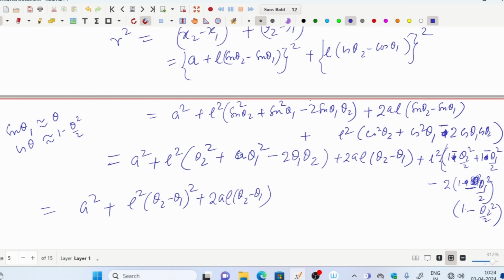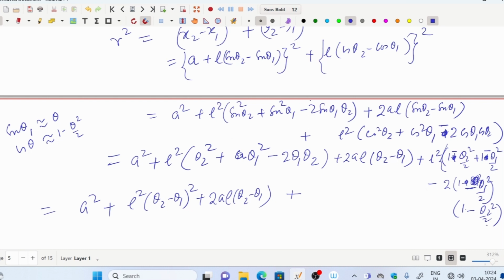Yeah, so they will cancel here. You can see theta 2 minus theta 1 is basically you can cancel. See, you can have a cancellation. So L square is outside. So theta 2 square with a minus sign, you will have a minus, then you have theta 2 square by 2. So this term will cancel, and you will basically be left with this term.